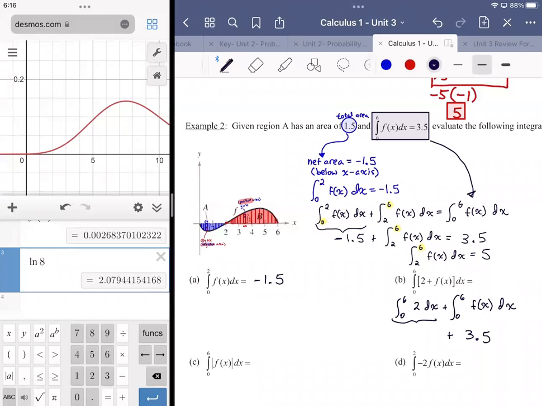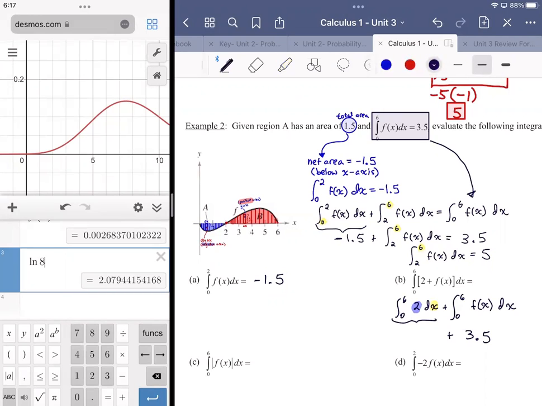But if you always have in your mind that you're looking for the area bounded between this function of x, now it doesn't have an x in it, so it's a constant function, and the corresponding axis. Now, in this case, the axis is x, right?